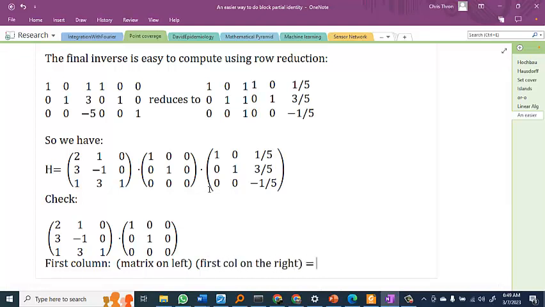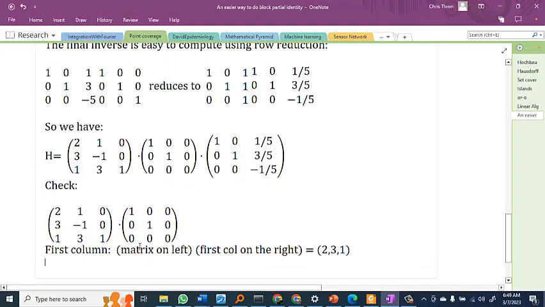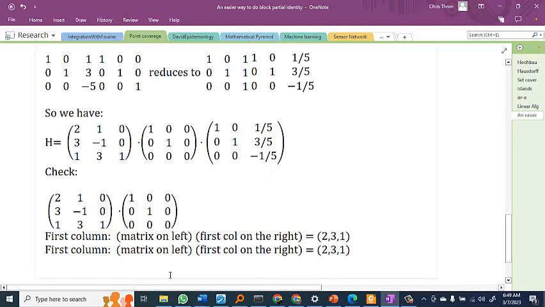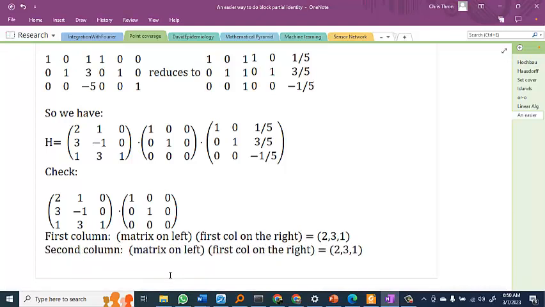And the first column on the right is simply going to pick out the first column of the matrix on the left. So it's just going to be equal to (2, 3, 1) transpose. I don't know why it didn't show the transpose. There's supposed to be a transpose there. So the second column, I can just do the same thing. Very same argument, right? The second column is the matrix on the left times the second column on the right.